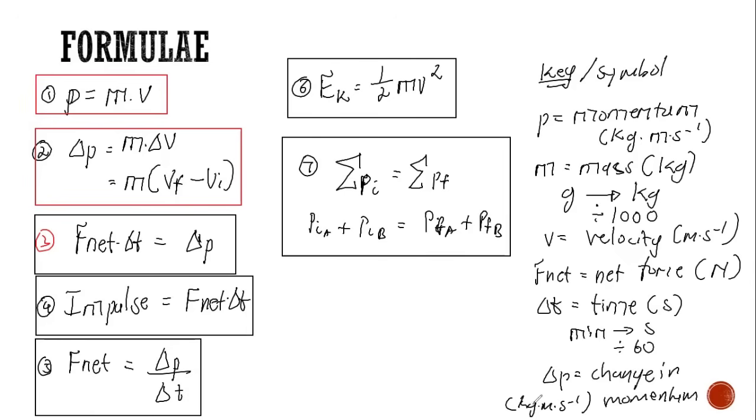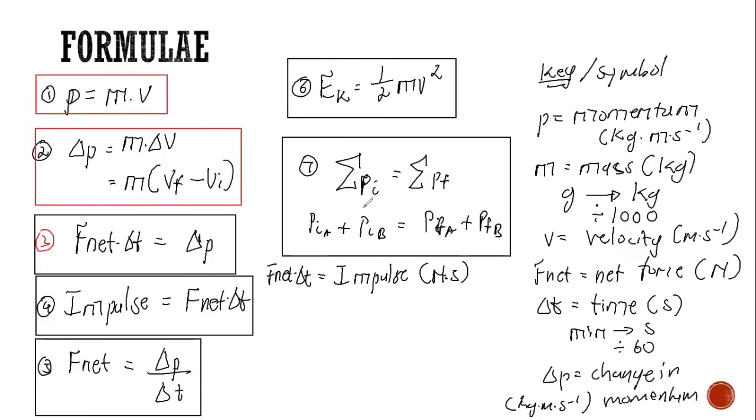Then we have F net delta T as a combination. That's obviously your impulse. And your impulse is given with the SI unit Newton second, right? You can see this comes from F net being in newtons and delta T being in seconds. So we say it's Newton second. It's not Newton per second, it's Newton second, right?